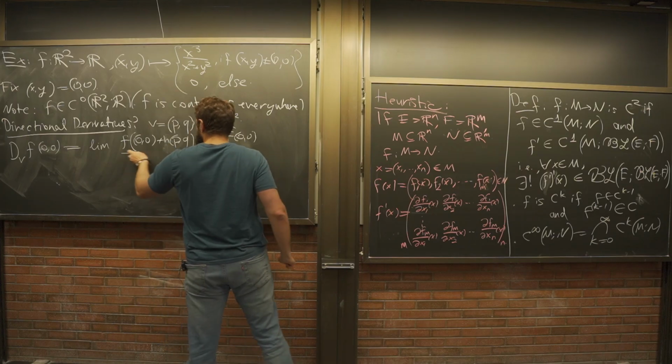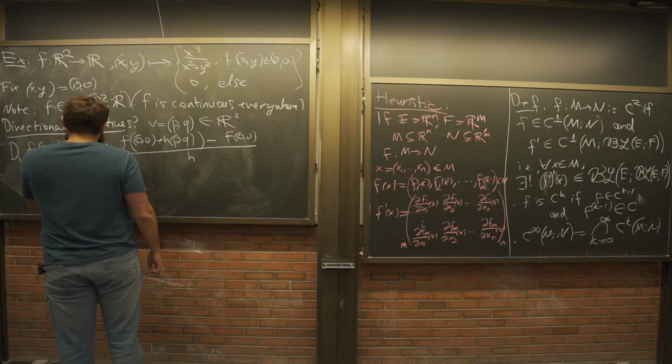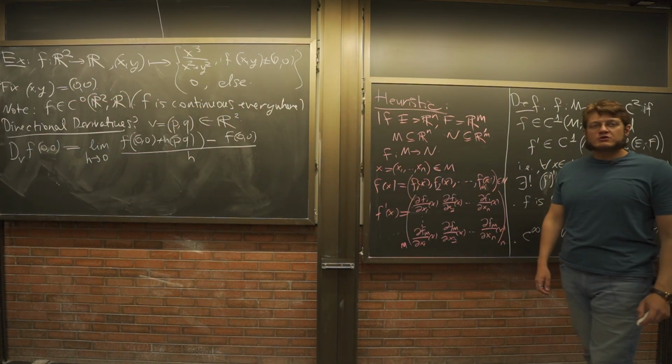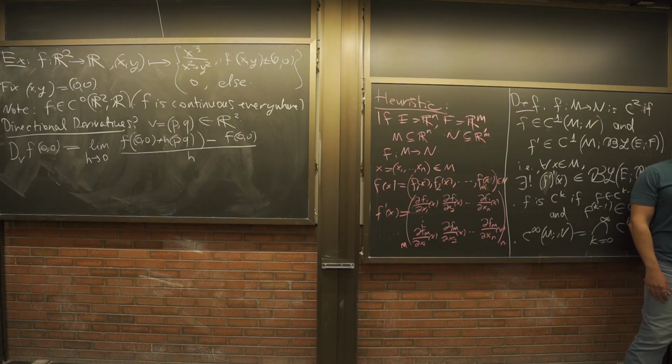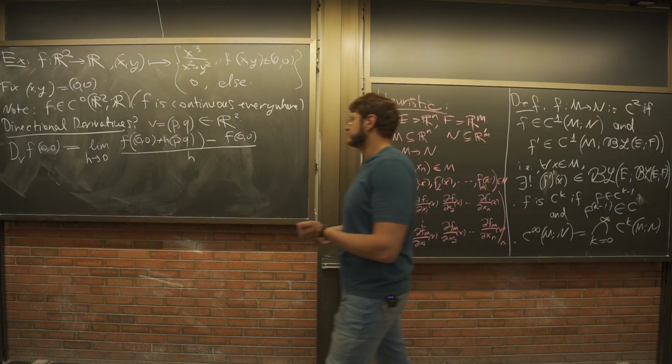This is a number, but of course I need to divide everything by h and then take h to 0. This is the definition of the directional derivative. So let's figure out what this ratio is.